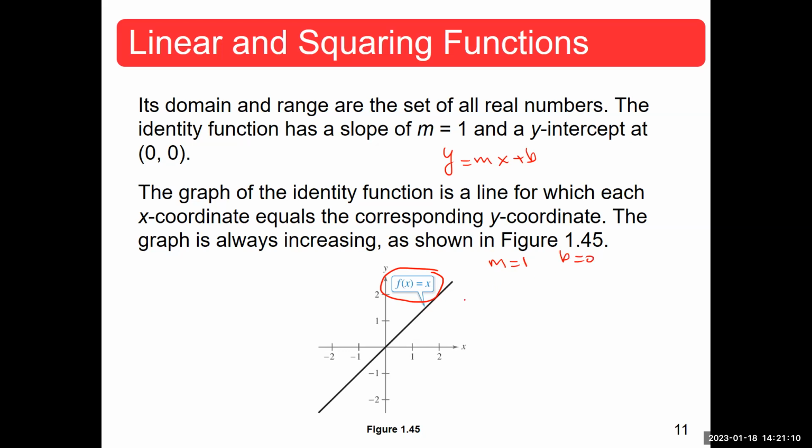That's the simplest basic one, so that's the reason we call it the parent one. Then we can derive all other lines from this basic one by adding a b, by adding in a slope. We can get new lines. This is for the linear parent one.